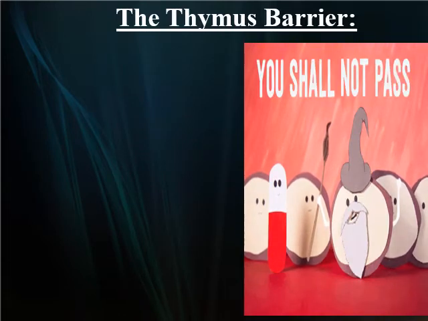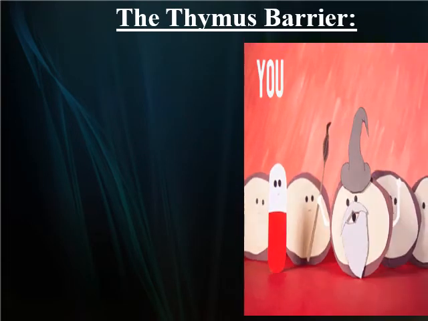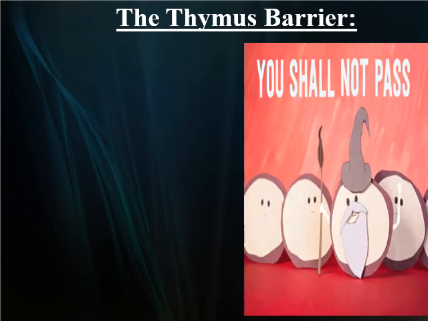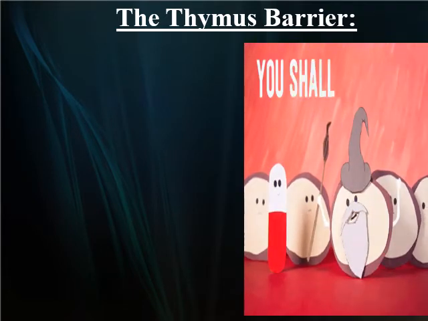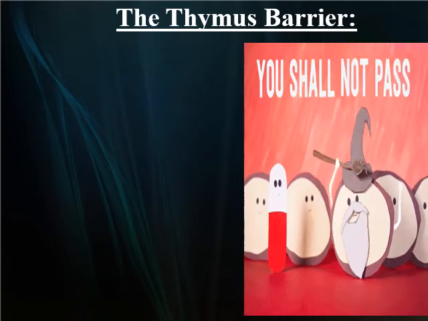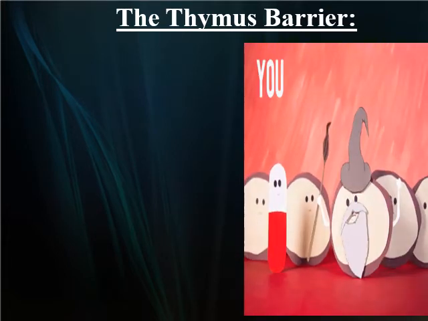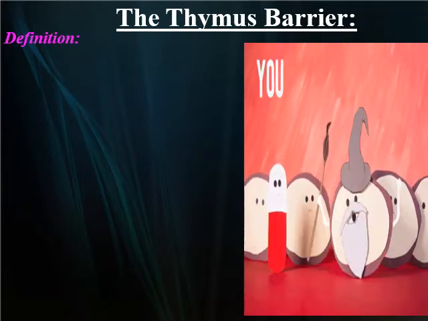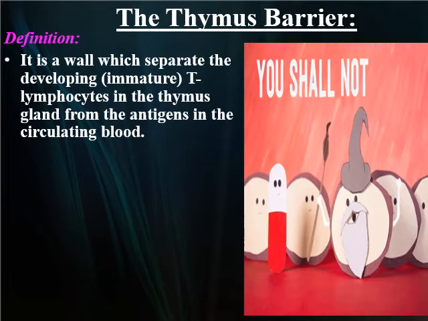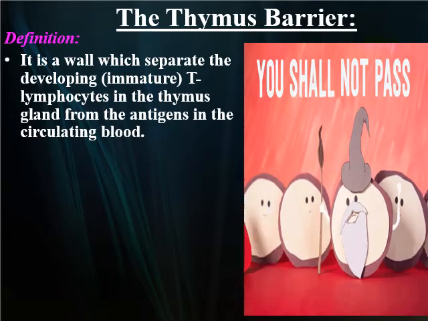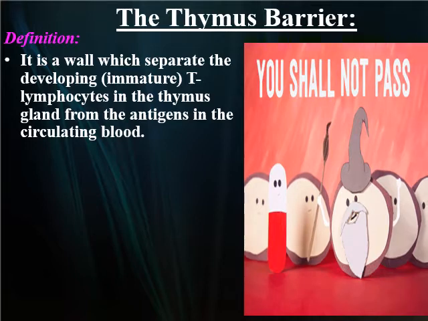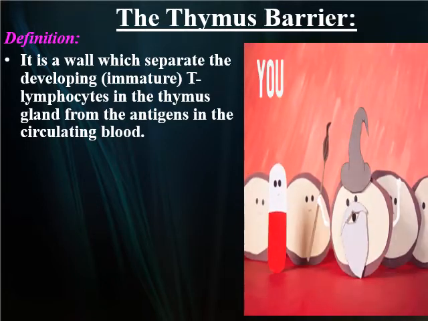We have a very important structure, which is the thymic barrier. Barrier means prevent passage. It is the wall which separates the developing T lymphocytes in the thymus gland from the antigen in the circulating blood.